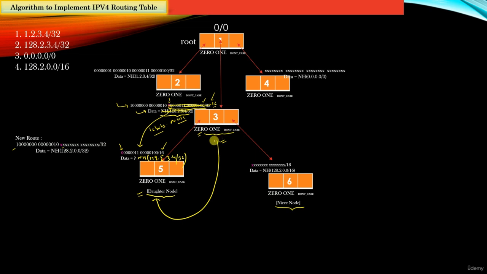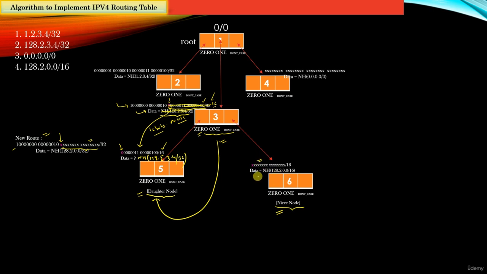Then the second node is the niece node, which is a very simple case. The niece node will borrow its effective prefix bits from the effective prefix bits of the new route. So from the point where the mismatch has happened, we copy the prefix bits of the new route as the prefix bits of the niece node.